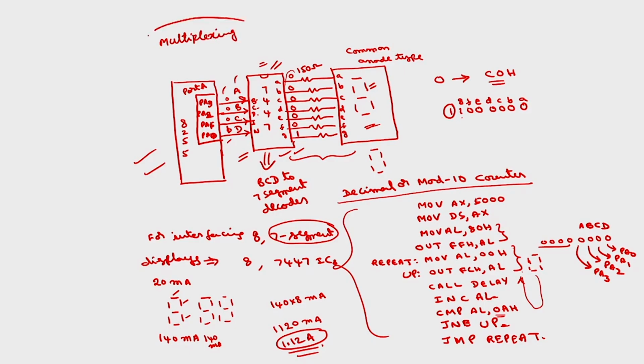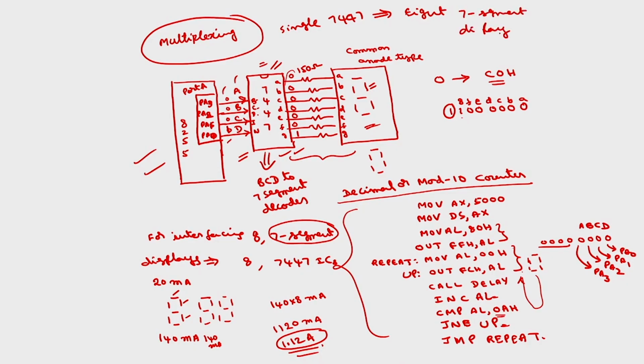If you use the multiplexing technique, using one single 7447 itself, we can display 8 BCD to 7 segment displays, or 8 7 segment displays. How to connect 8 7 segment displays using only a single 7447 in multiplexing mode, that we will discuss in the next class. Thank you.